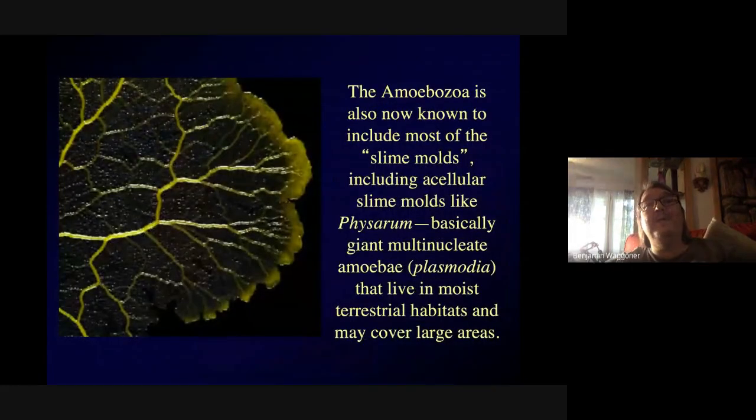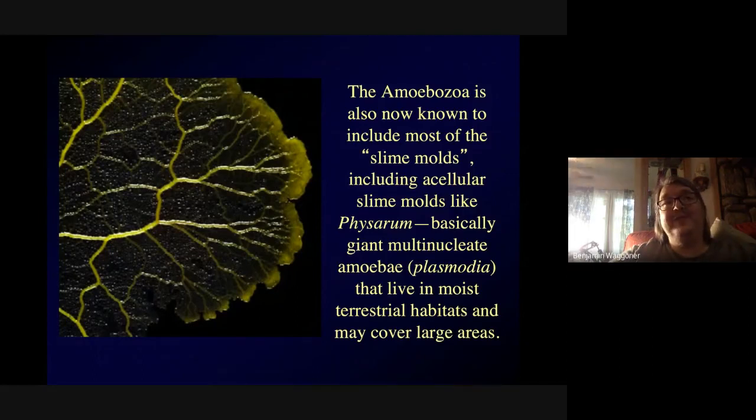We now know, by the way, that the Amoebozoa also include most of a group called slime molds. This includes acellular slime molds like this one. This is a slime mold in genus Physarum that's basically one ginormous multinucleate amoeba, one cell with many thousands of nuclei that live in moist terrestrial habitats.